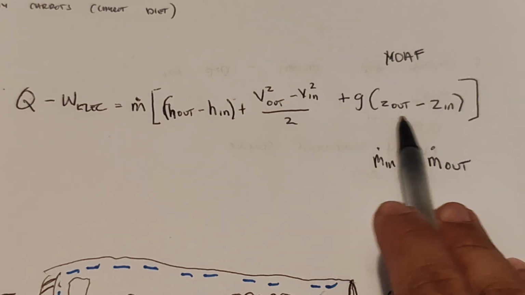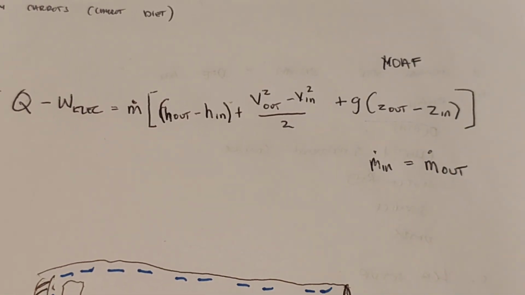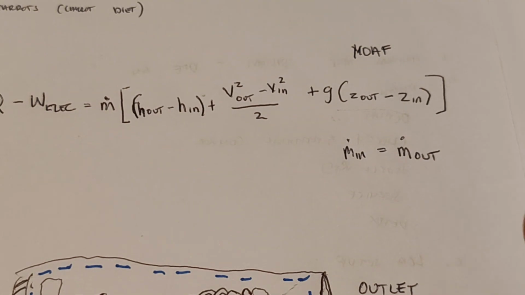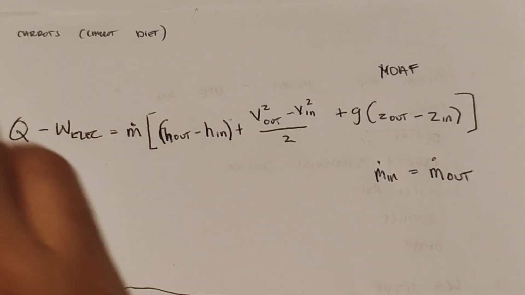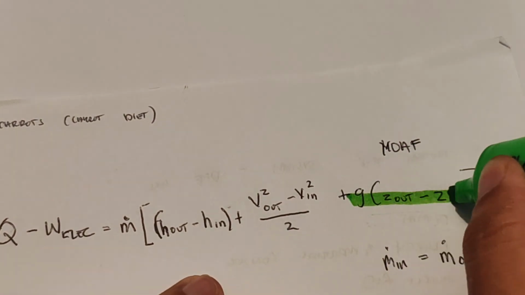First is one half... g, z out minus z in. What does it mean? Well, it's talking about potential energy. The g is the gravity, z out and z in is the difference in height. So we don't need that thing. I wanna cancel it out. Erase it.